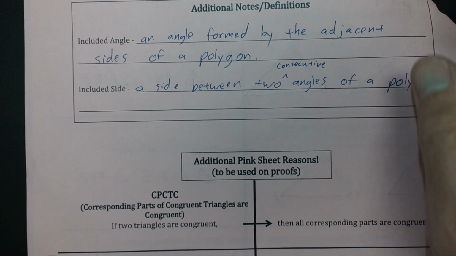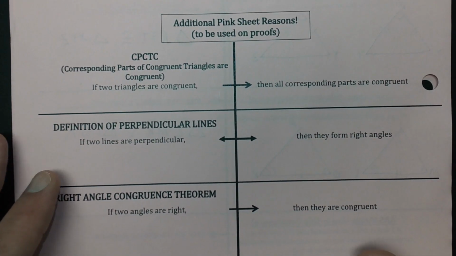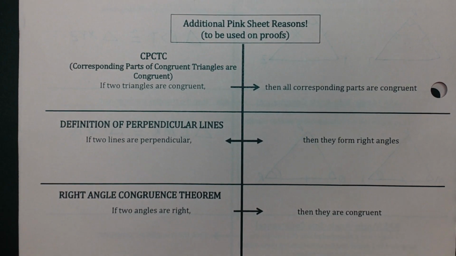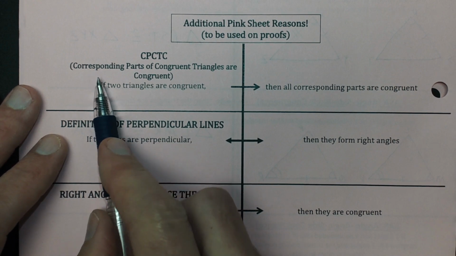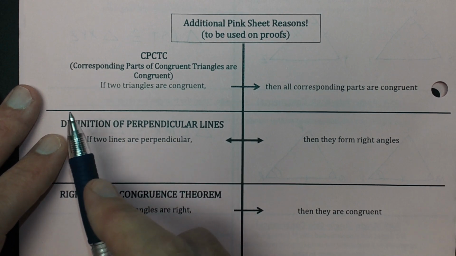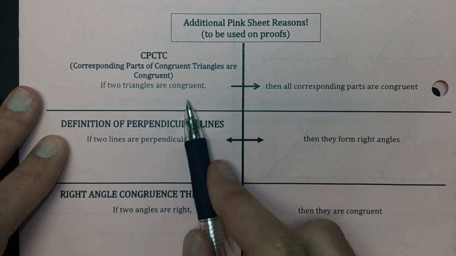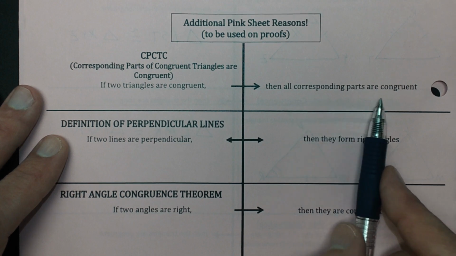Okay, well, we already talked about this in the previous lesson, 5-1, but CPCTC, what does that mean? Well, if you spell out the words, corresponding parts of congruent triangles are congruent. So what it says, if you have two triangles that are congruent, then all of their corresponding parts are congruent to each other.